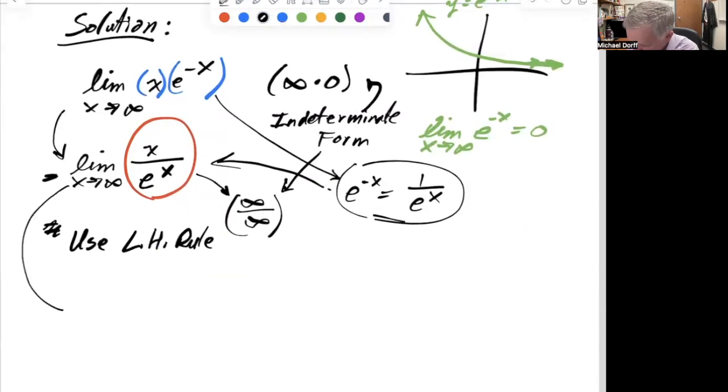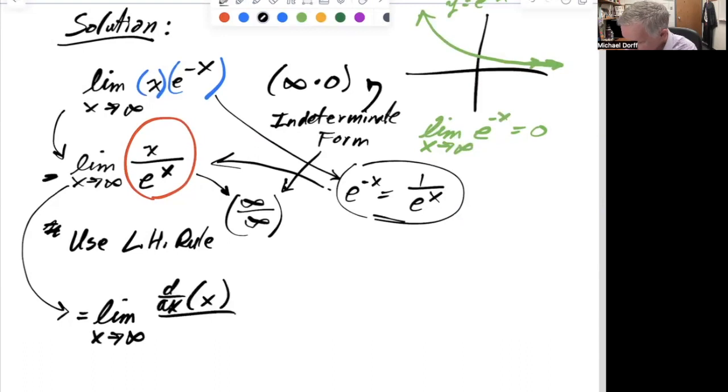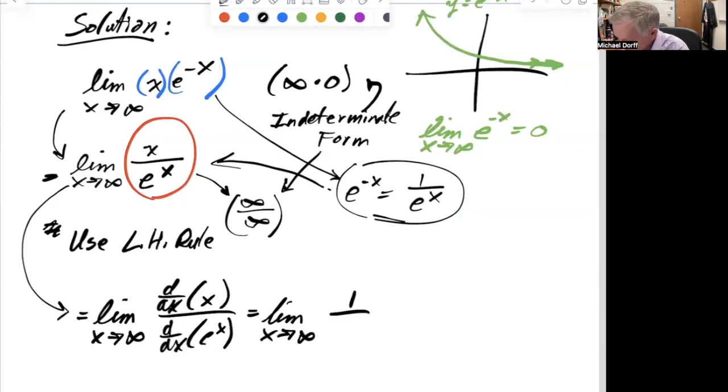And so we're going to get that this is going to equal the limit as x goes to infinity of the derivative of the top over the derivative of the denominator. And what's that going to equal then? So we get the limit as x goes to infinity. The derivative of the top is 1. The derivative of e to the x is just e to the x.